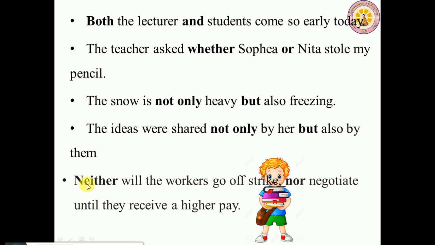Okay, another example: Neither will the workers go off strike nor negotiate until they receive higher pay. So the correlative conjunction "neither nor" is used to join two clauses: the workers go off strike, and they receive higher pay.